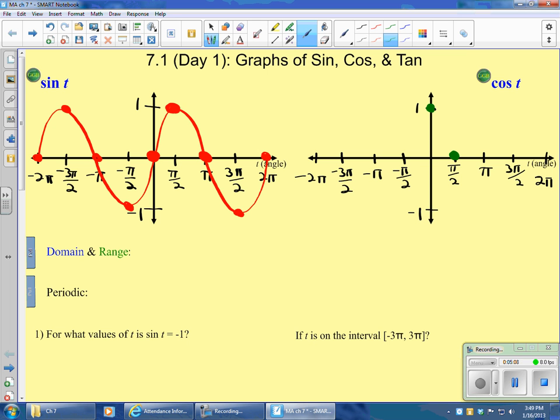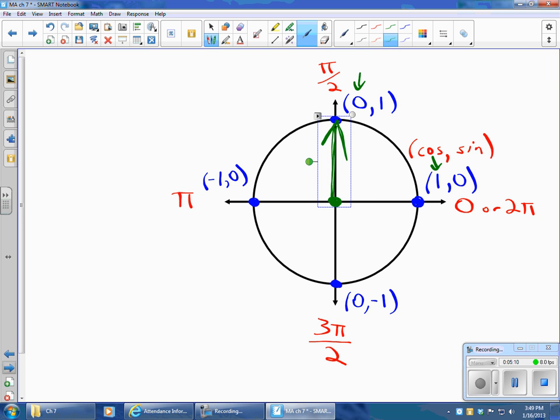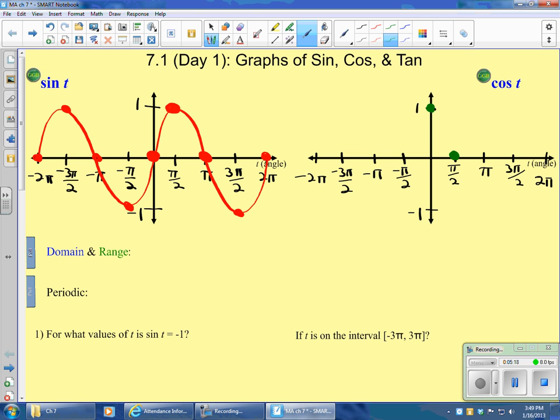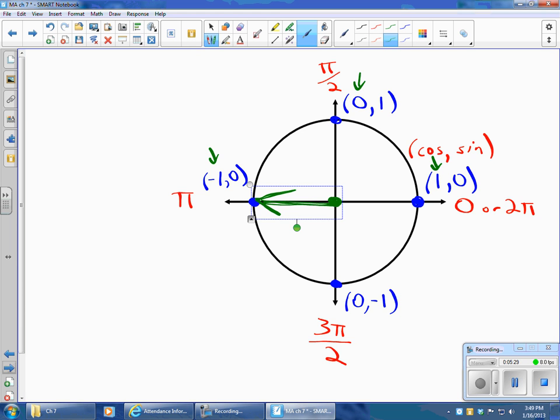What about at pi? At pi rotation, the cosine is now down at -1. So at pi rotation, I'm at -1. Next is 3 pi over 2. Right there, 3 pi over 2. At 3 pi over 2, cosine is at 0 again.